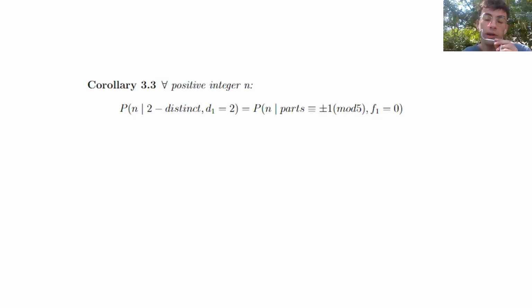If we can show corollary 3.3 without using the Rogers-Ramanujan identity, then we can prove the Rogers-Ramanujan identity.